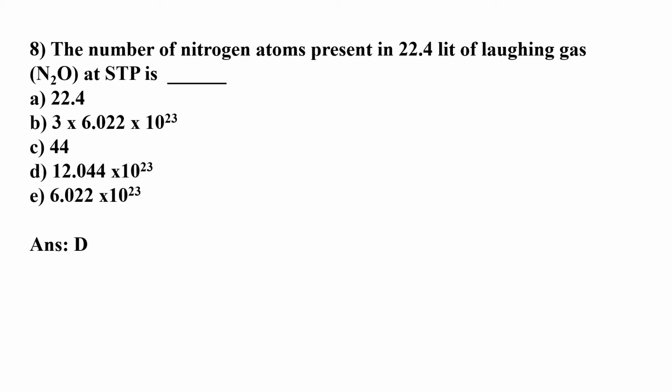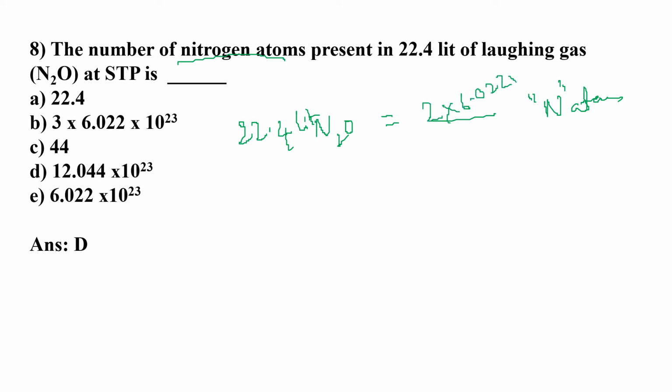Next question. The number of nitrogen atoms in laughing gas, N2O, at 22.4 liters. This is liters. It is asking for the number of nitrogen atoms, which is nothing but 2 into 6.022 into 10 to the power of 23.